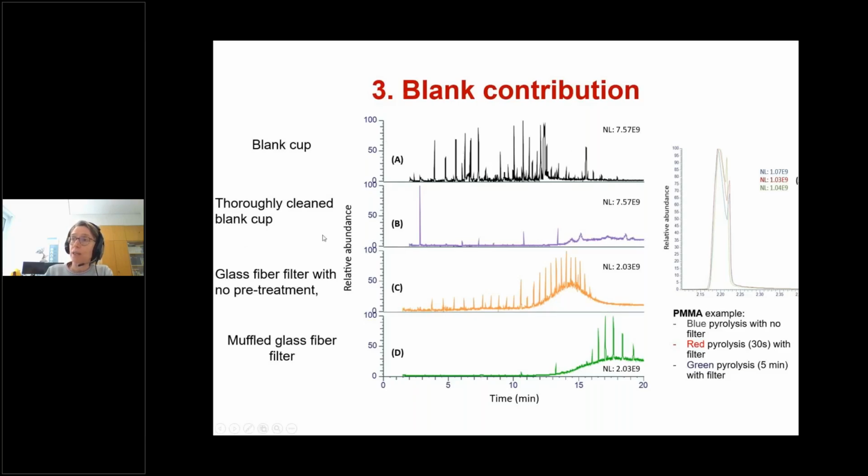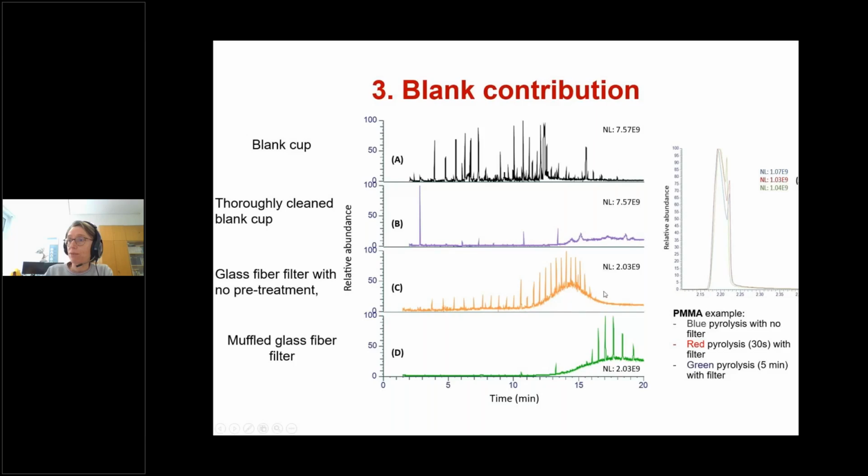And in here we have a protocol for cleaning the cup to get an empty cup, which provides, you can see in here, no interferences from only the cup used to put the sample inside. And the same happens with the glass fiber filters, or the filter that is used to put inside the cup.